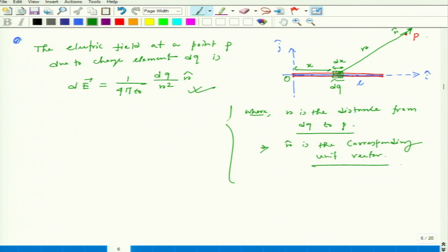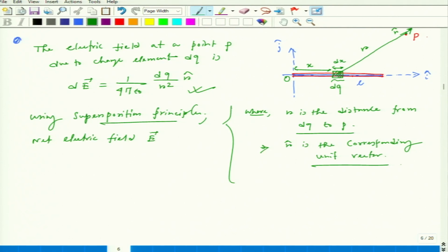So using the superposition principle, the net electric field E is the vector sum of all these infinitesimal contributions from each small element dq.